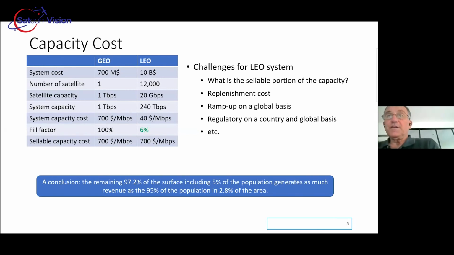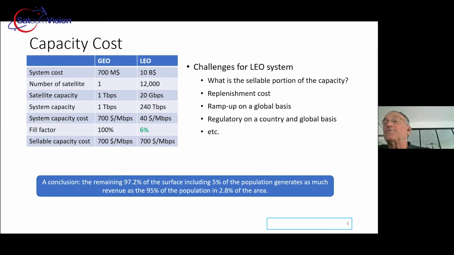If we now consider a LEO system, and I've taken SpaceX as the example here, $10 billion, 12,000 satellites, 20 gigabits per satellite, so that the system capacity is 240 terabits. That brings the system capacity cost to $40 per megabit.